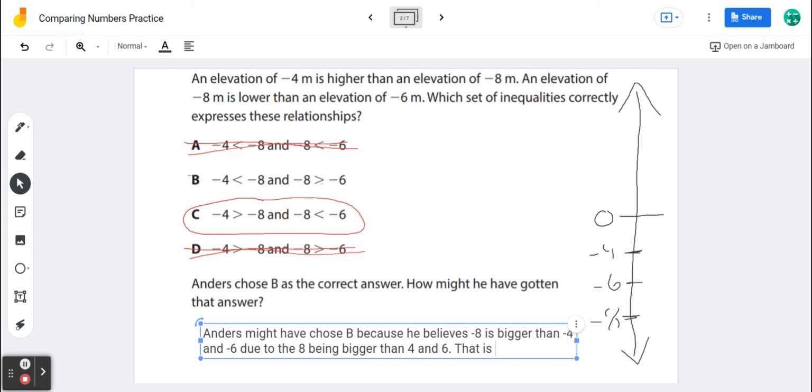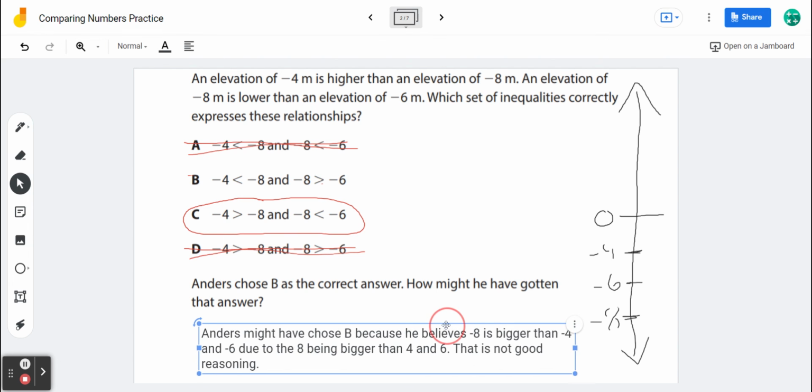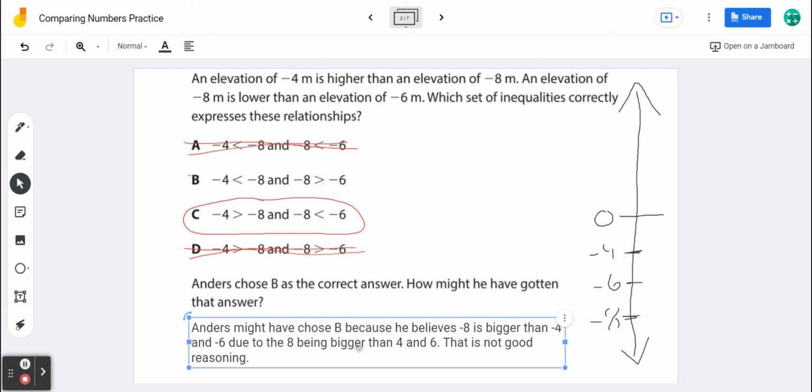That is not good reasoning. So that's why he probably chose it. He says, well, 8 is bigger than 4 and 6, so that means negative 8 is bigger than negative 4, negative 6. And that's not good reasoning.